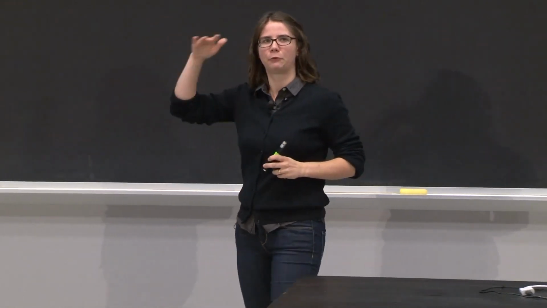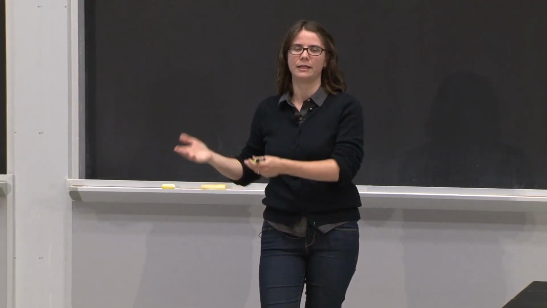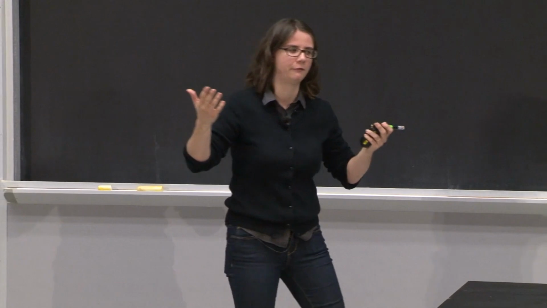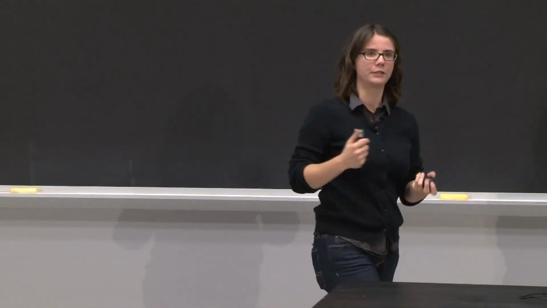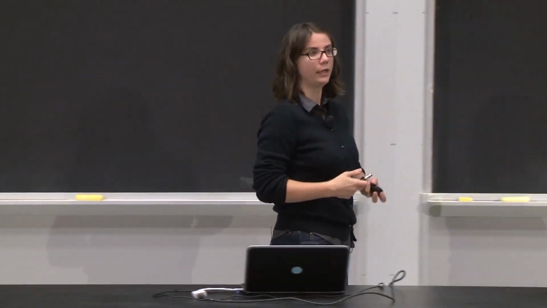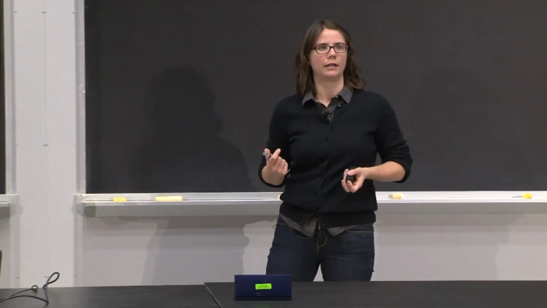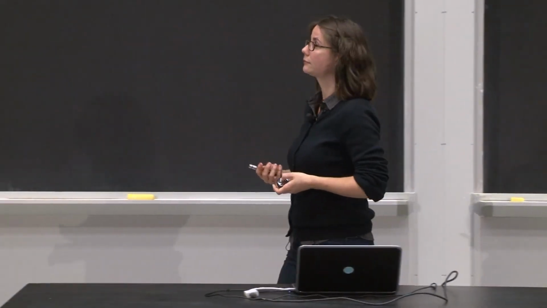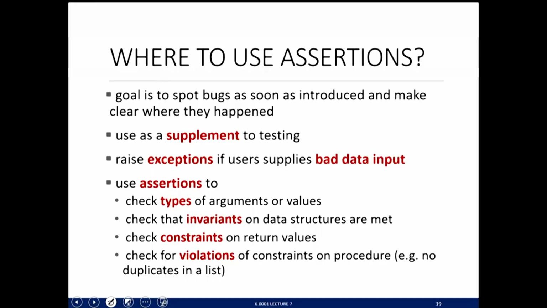So instead of propagating a bad value throughout the program and then you getting an output that you didn't expect, and then you having to trace back to the function that gave this bad value, you'll get this assert being false a lot earlier. So it'll be a lot easier to figure out where the bug came from. And you won't have to trace back so many steps. Okay? So this is basically what I said. You really want to spot the bugs as soon as they're introduced.